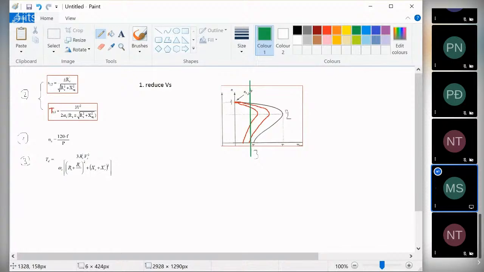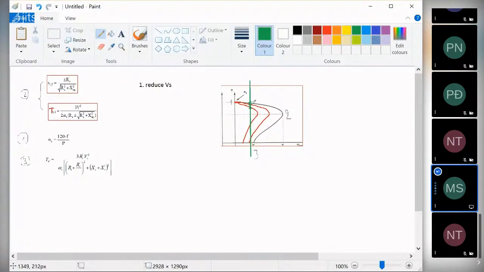With the natural response, this is the stable point. However, with the artificial response, this is the new stable point. So the speed will be reduced. Do you agree with me? Yes, okay.